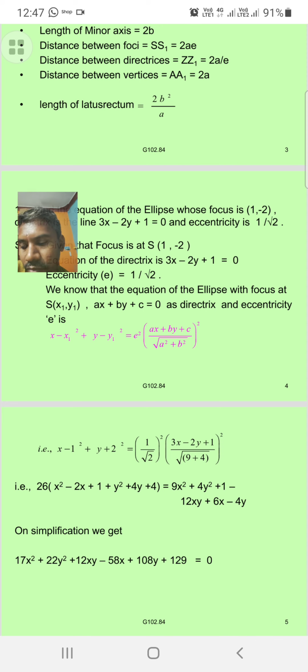Then we know the a value, then the b value, and finally we find the e value. Like this we can do the problems. So majorly three types of problems occur in the exercise.